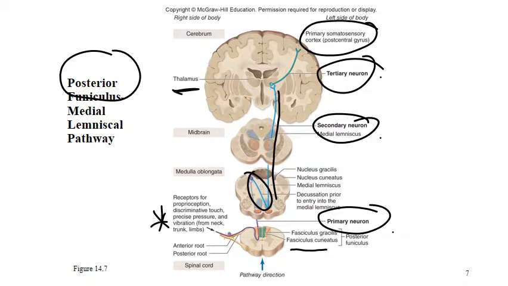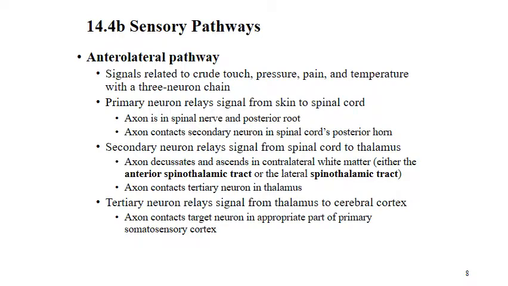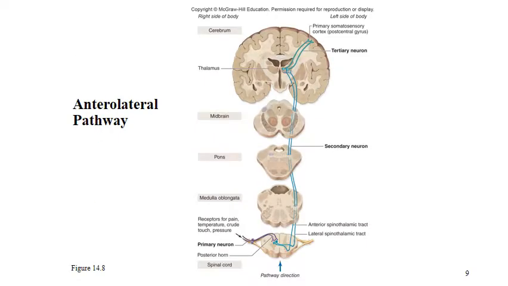All right, our second sensory pathway, the anterolateral pathway. This is for signaling information coming from crude touch, pressure, pain, and temperature, and again, it has a 3-neuron chain. So I'm going to skip talking through this and go straight to the picture. It's much easier to see how it's working there. Again, we have our primary neuron. It's going to come here from those horns right into that anterolateral section, and it's going to decussate again, crossing over.